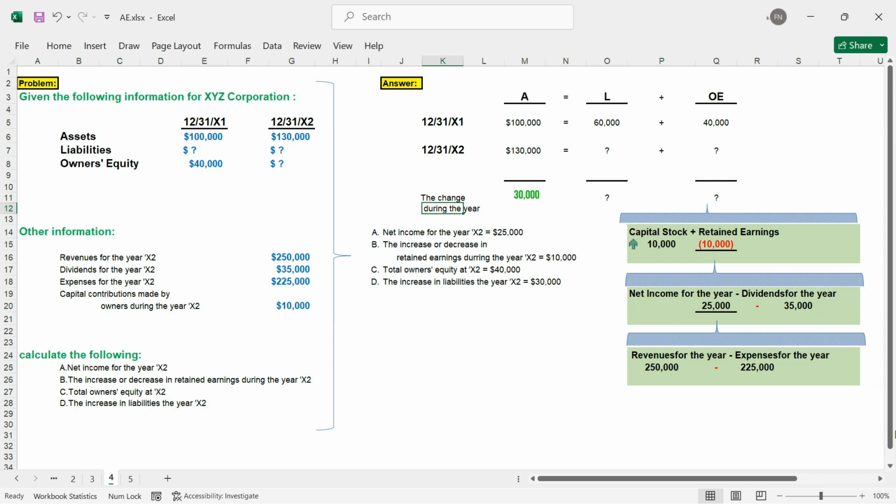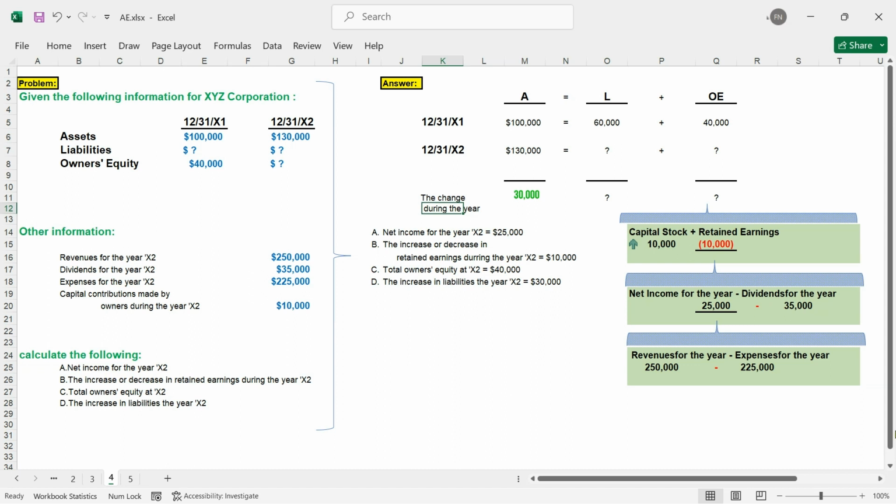But again, they don't give me any information relative to what the change was in retained earnings during the year, which is, again, one of the other items of information that this problem asks me to determine. And I do not have an equation here that really allows me to make that determination, at least at this point in time, because I don't know the change in owner's equity. I know that two things account for that change, but I only know one element of that being capital contributions. And so I'm kind of stuck here.